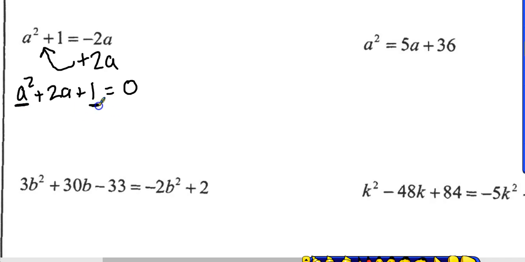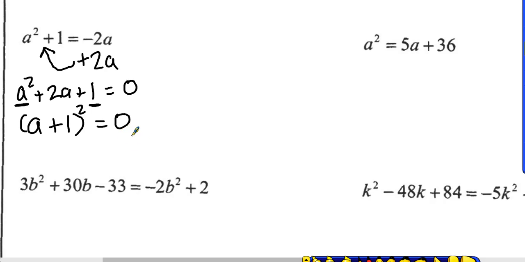This is a perfect square too. Is it a perfect square trinomial? The square roots of those are a and 1. 1a plus 1a is 2a, so it is. So we could easily just factor it into the square roots a and 1, quantity squared, because we recognize the characteristics of a perfect square trinomial.